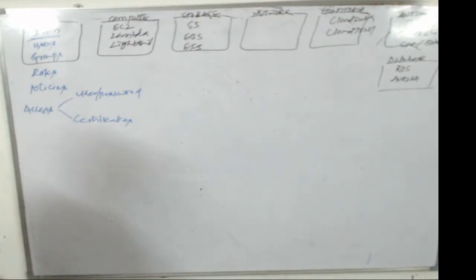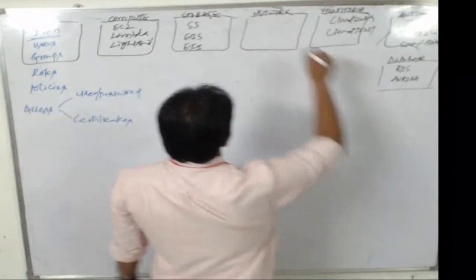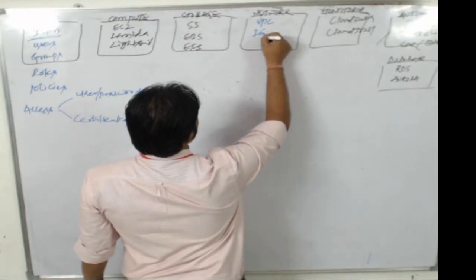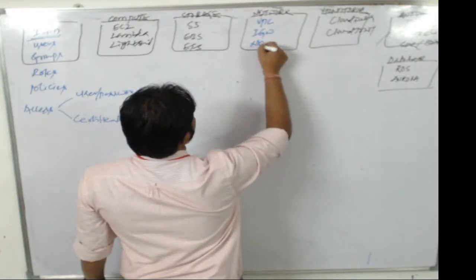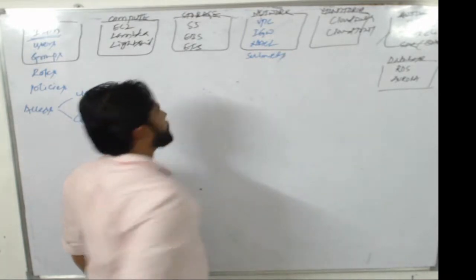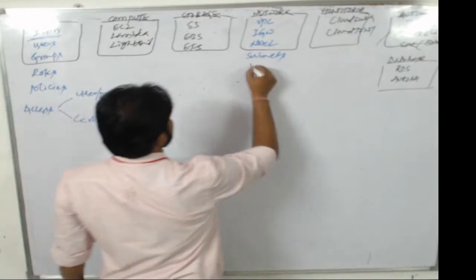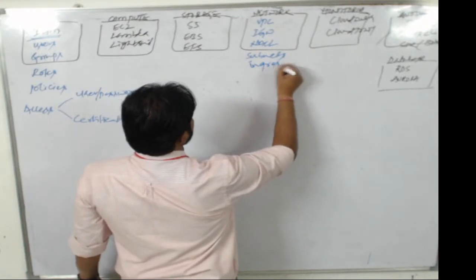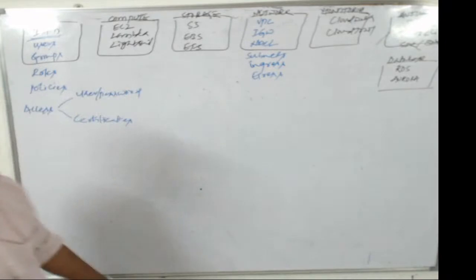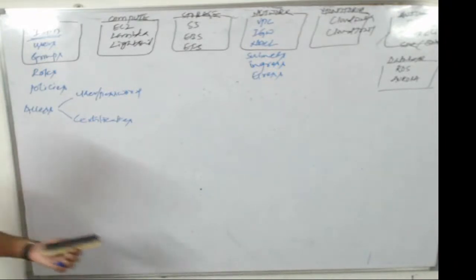We're going to see this thing. Then we're going to touch upon network, VPC, internet gateway, NACLs, subnets, ingress, egress. Always remember in clusters.